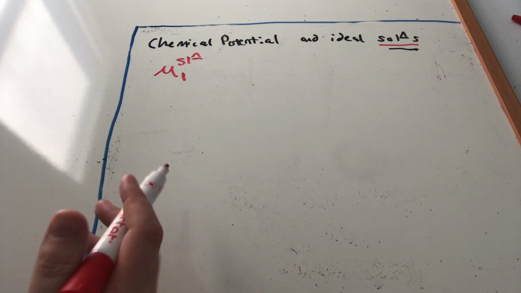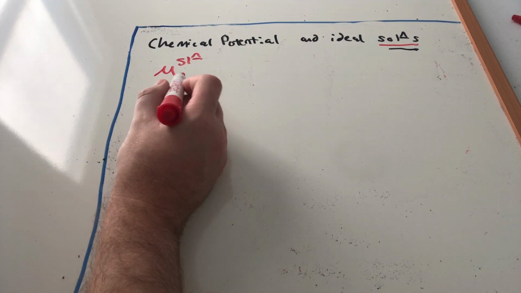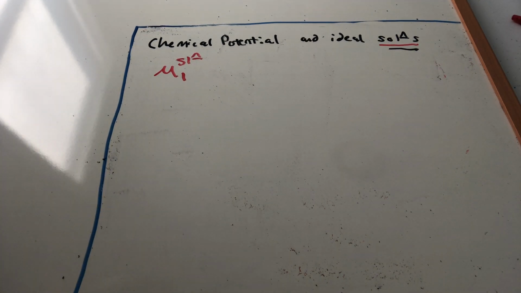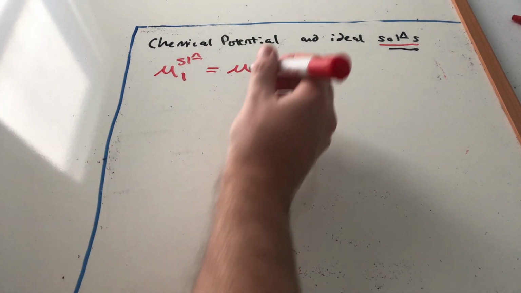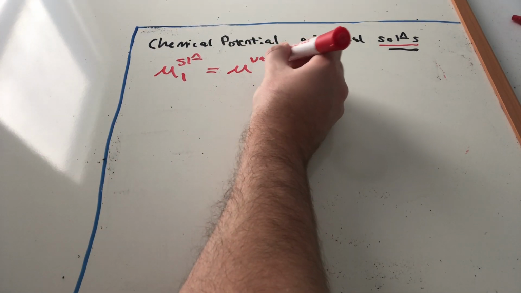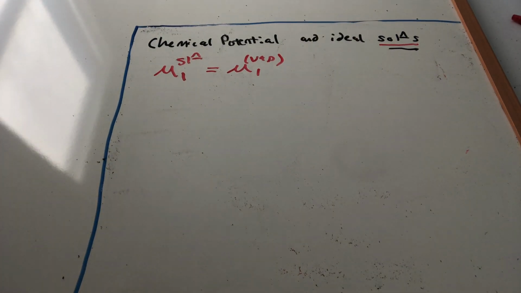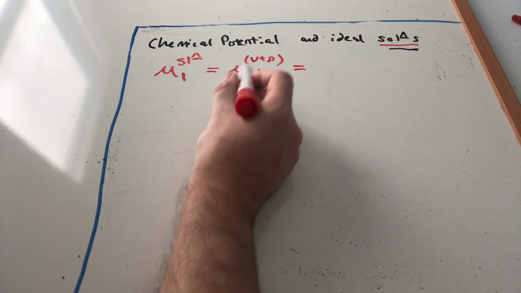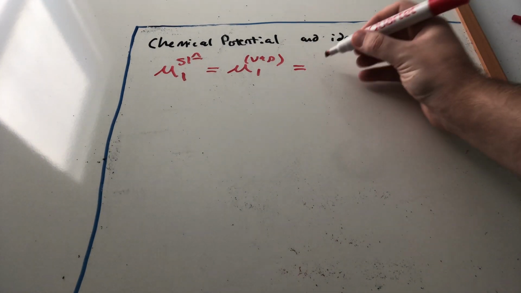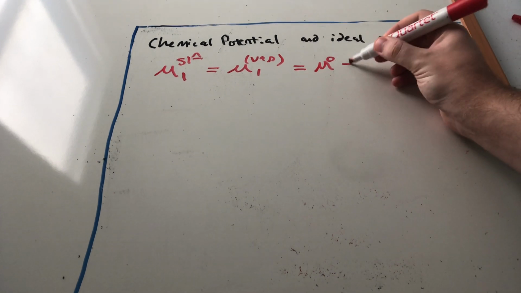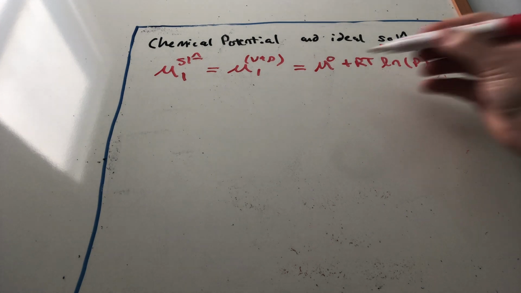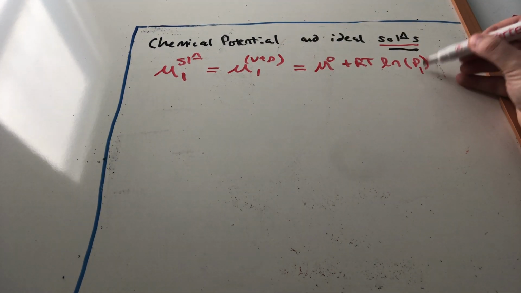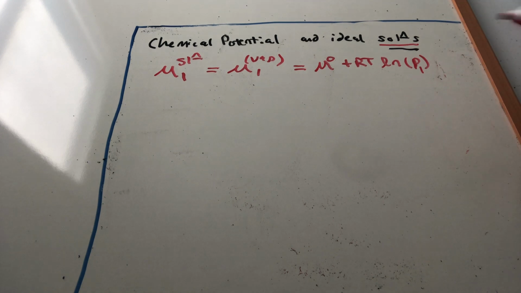For that solution setup, for species 1, the chemical potential to be in the solution is equal to the chemical potential to be in the vapor phase for that species 1. We also know that the chemical potential to be in the vapor phase looks like mu naught plus RT natural log of P. Again, this is species 1, so I'm going to put a subscript 1 there.